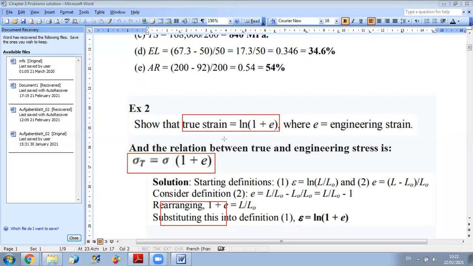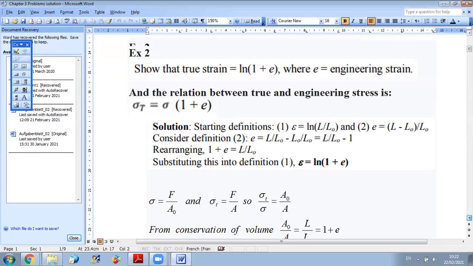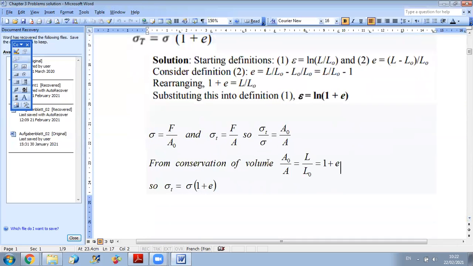And of course, you can use them in the opposite way. So if you know the values of true strain and true stress, you can deduce the value of engineering strain and engineering stress. Okay. So now, any question on this?